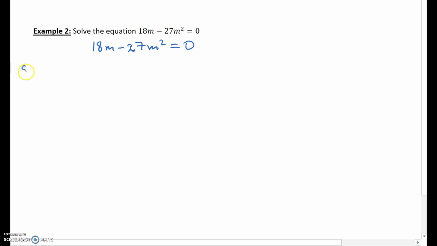So let's go through our steps. We're going to factor again by removing the GCF. So step A is to find the GCF of the numbers. So the factors of 18 and the factors of 27. Factors of 18 are 1 times 18, 2 times 9, 3 times 6, and that's it.